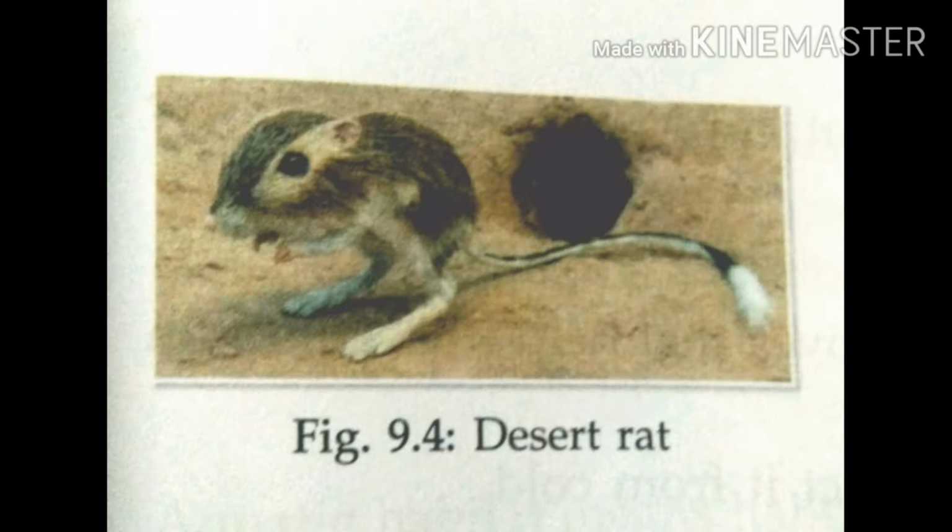This one is a desert rat, also called a kangaroo rat. It lives in deep burrows in sand where the temperature is lower and the soil is moist. It's very active at night. Animals active at night are called nocturnal animals. Why are these all active at night?